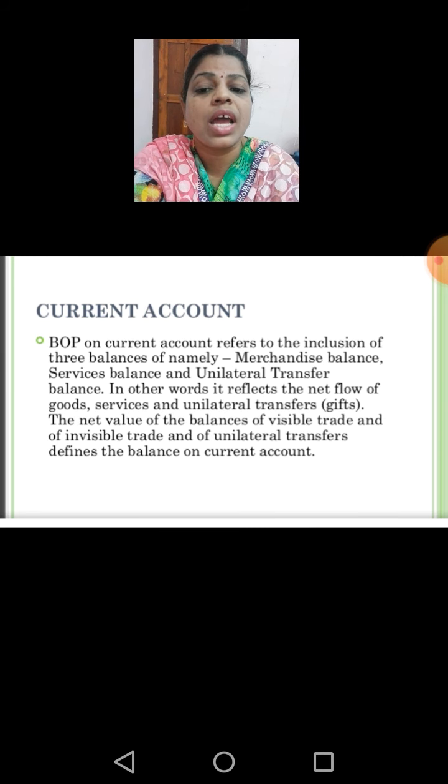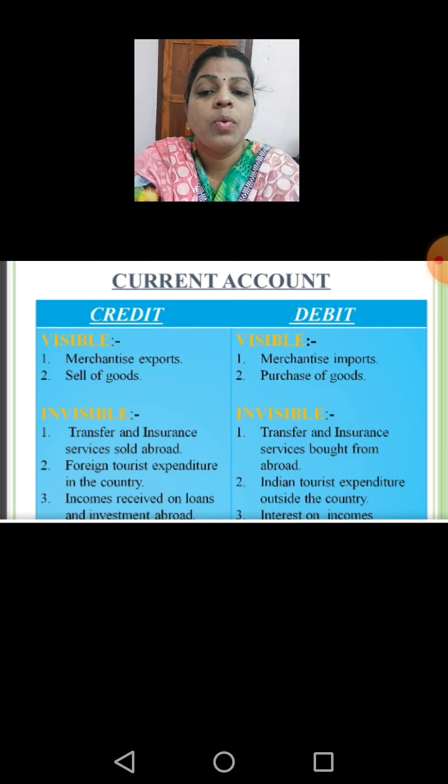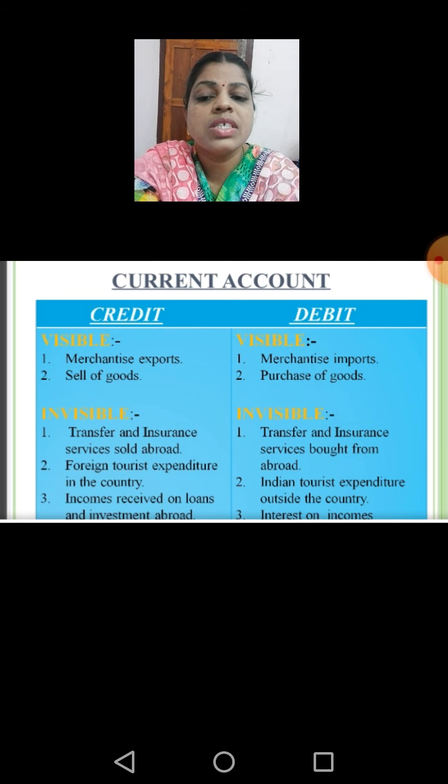See, here we can see in the current account, in two columns, it is depicted as credit and debit. What is this? Credit and debit. What is the credit item? Yes, visible items. And in the debit item, also the visible items.